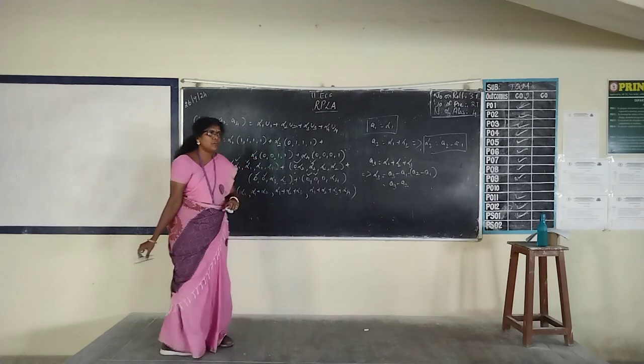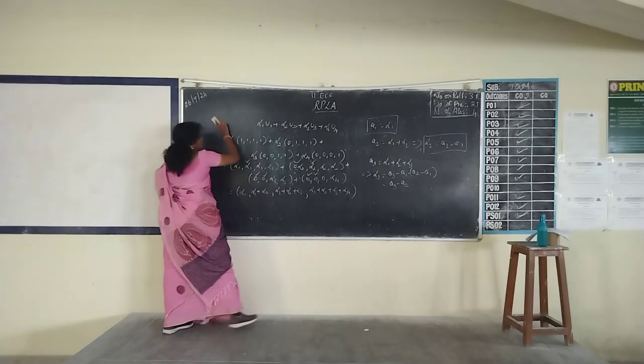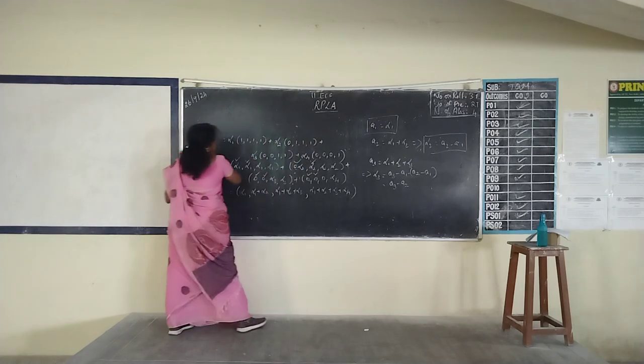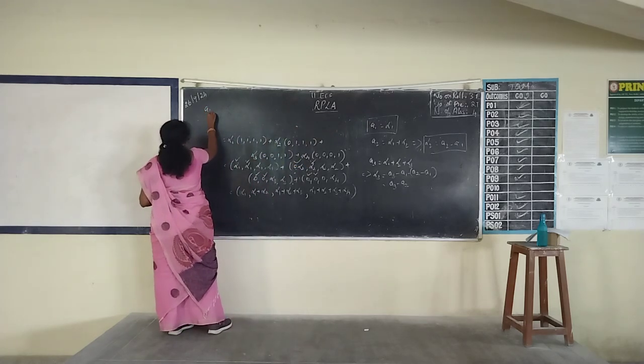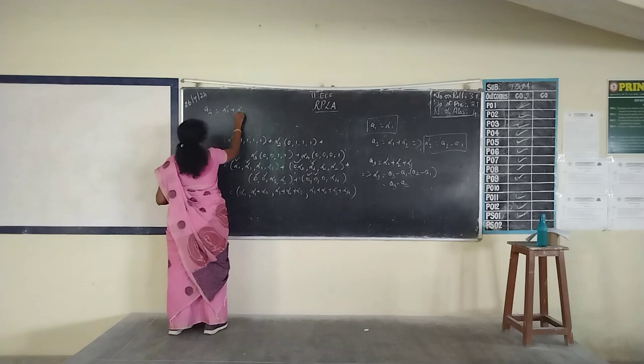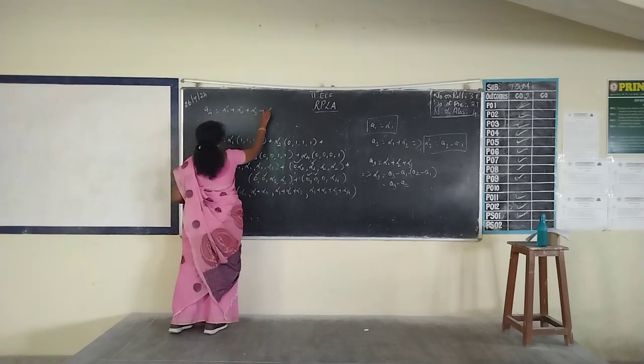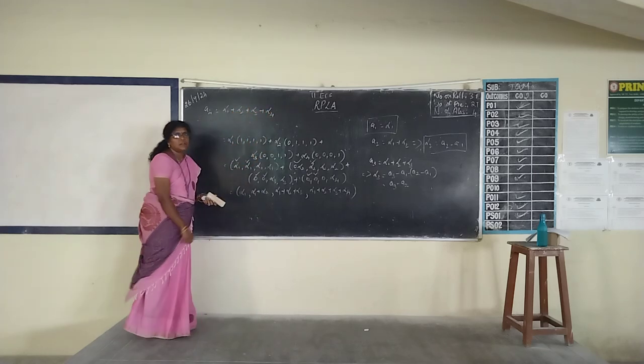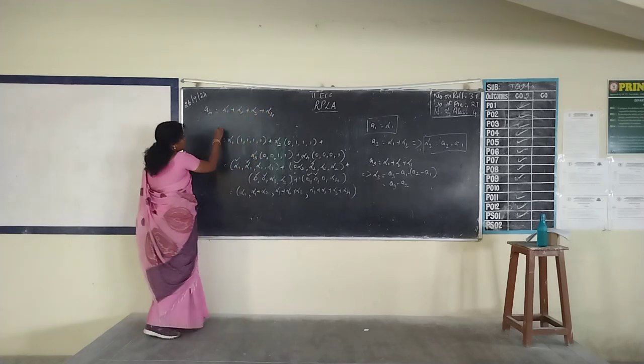Similarly, find alpha 4. So A4 will be equal to alpha 1 plus alpha 2 plus alpha 3 plus alpha 4. So you need to find alpha 4.